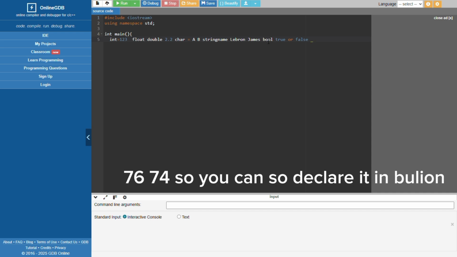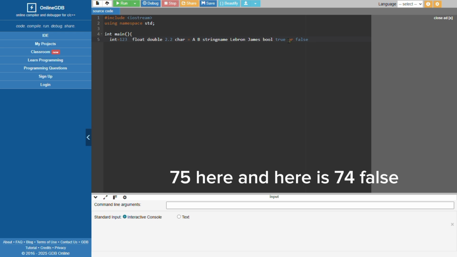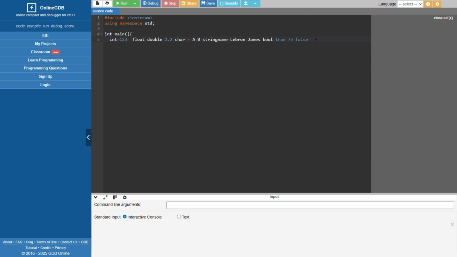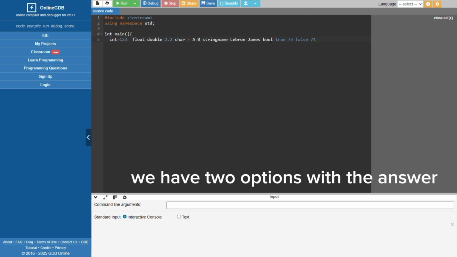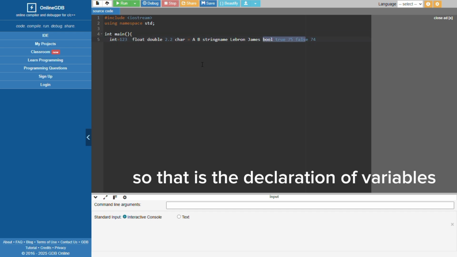So you can declare it in boolean: 75 here is true, and here 74 is false. We have two options with the answer. So that is the declaration of variables.